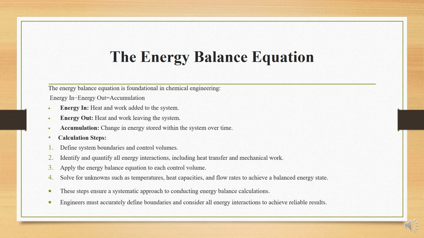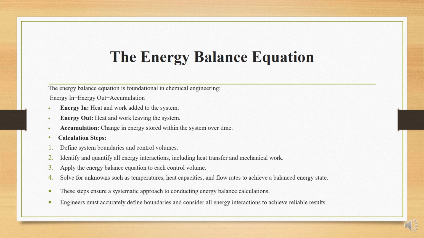Calculation steps. First, define system boundaries and control volumes. Second, identify and quantify all energy interactions, including heat transfer and mechanical work. Third, apply the energy balance equation to each control volume.